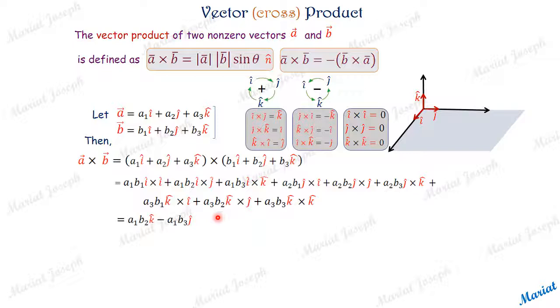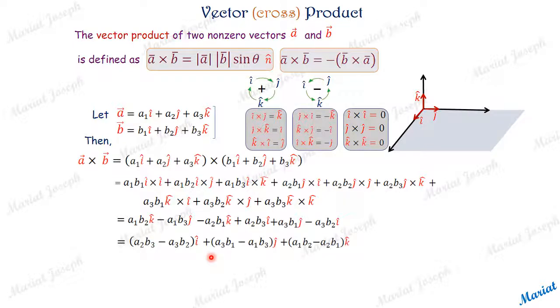Now start writing the values. A1 B1 i cross i is 0. A1 B2 i cross j is A1 B2 k. Then next is A2 B1 j cross i. J cross i is in the reverse direction, so it will be minus k, etc.